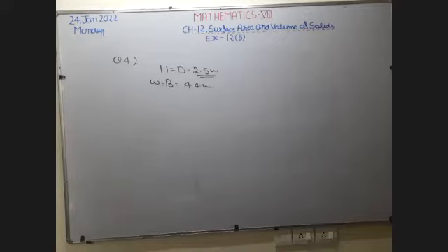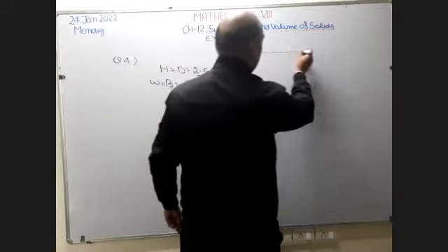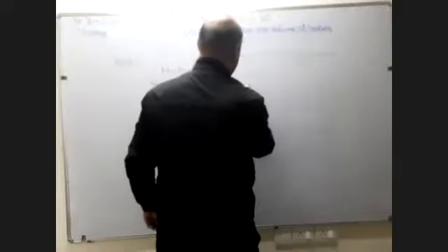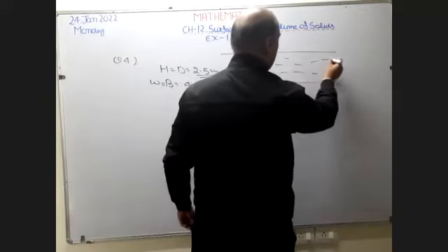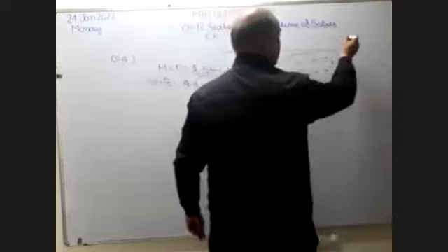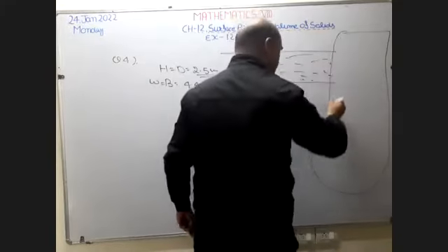Okay, beta. Now see on the board, everyone. Suppose this one is your river. So water is going to flow in this way. Now here the sea is there. So this water is going to mix in the sea.